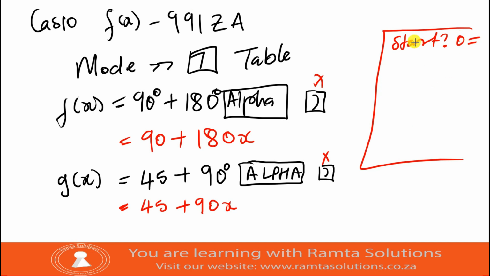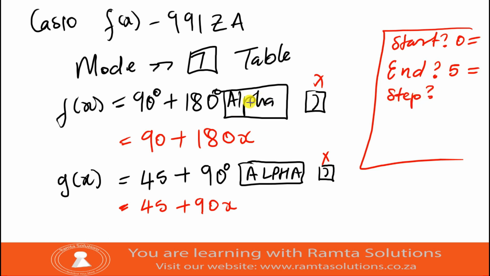And then your end, they gave you 5. It doesn't matter. Even if you say yes, it's fine, because I don't think we will need that. So press equal to.